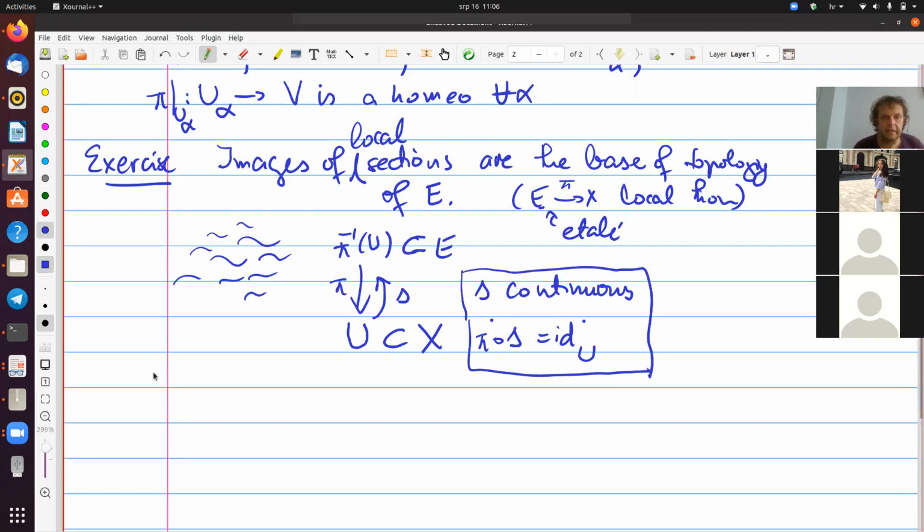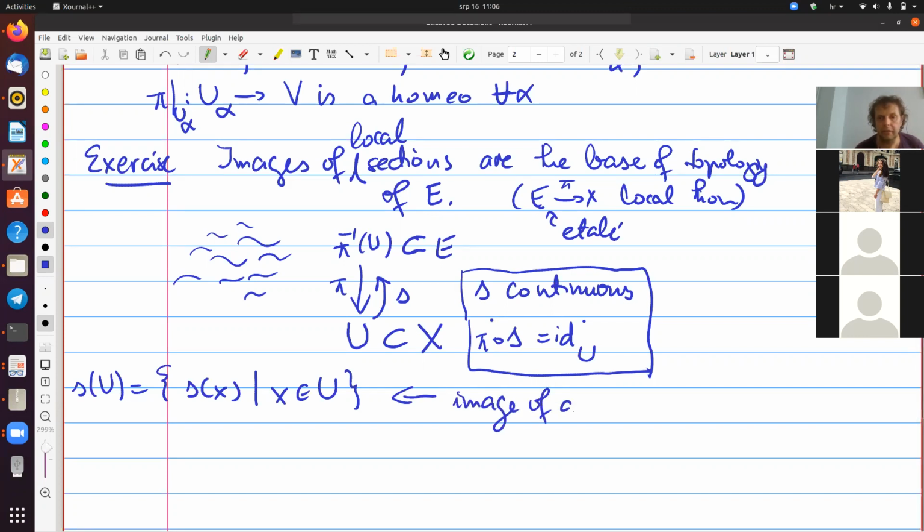So you take the set of all S of x where x is in U. This is S of U, and this is the image of a section, the image of a local section.